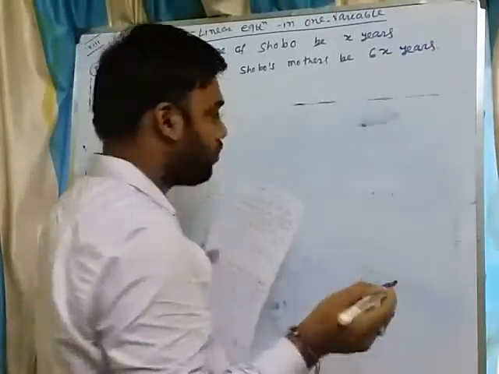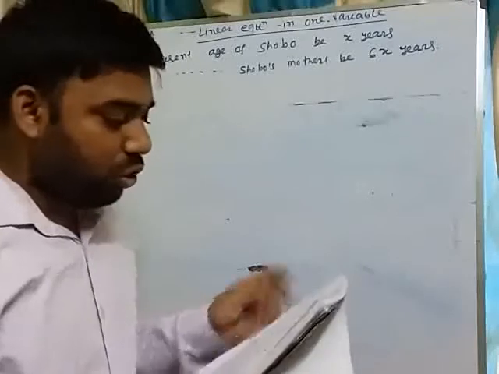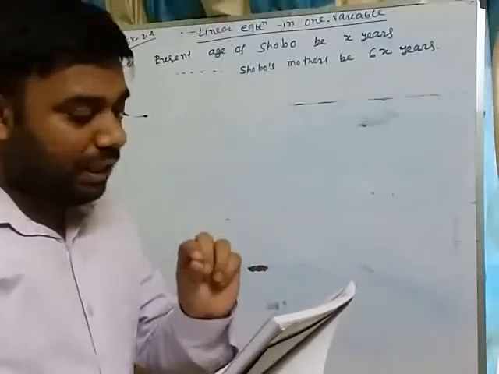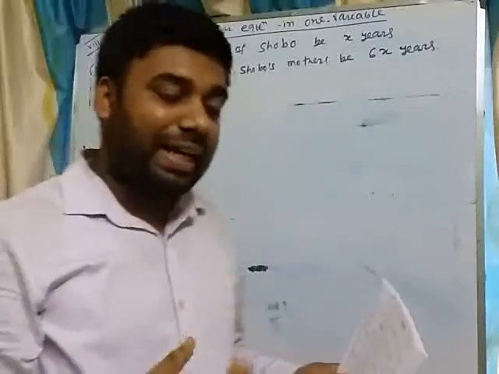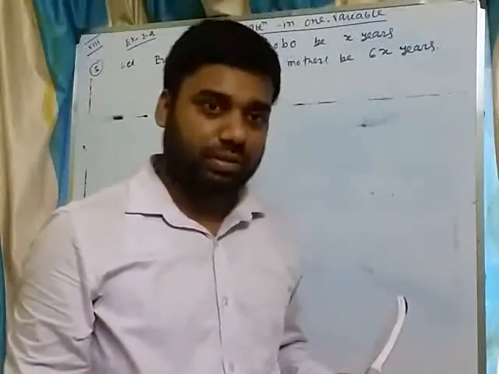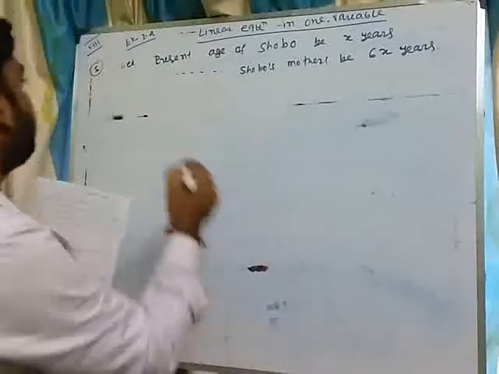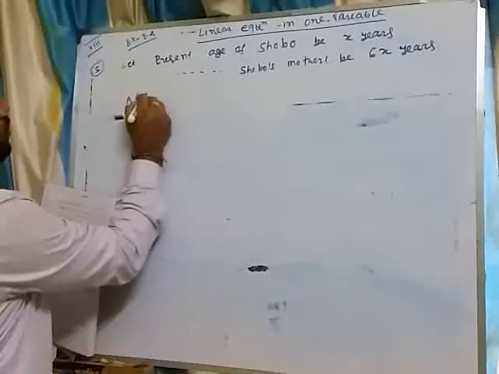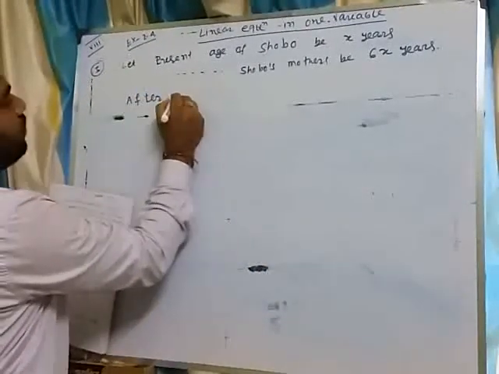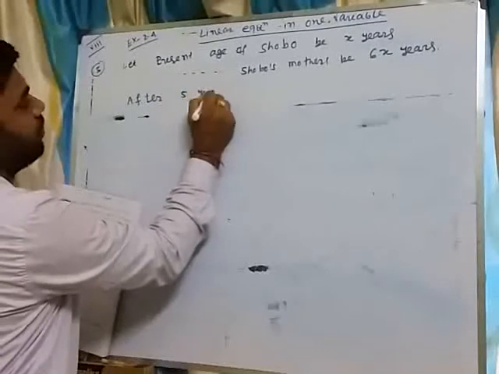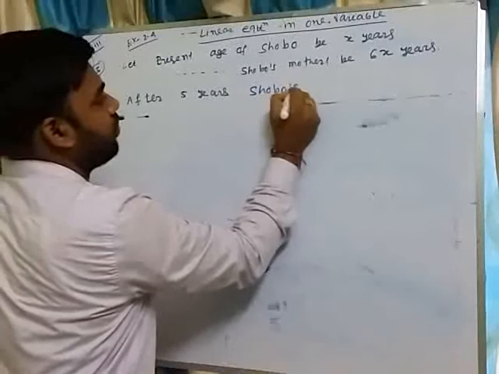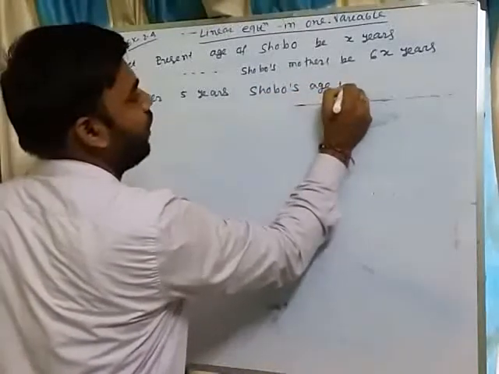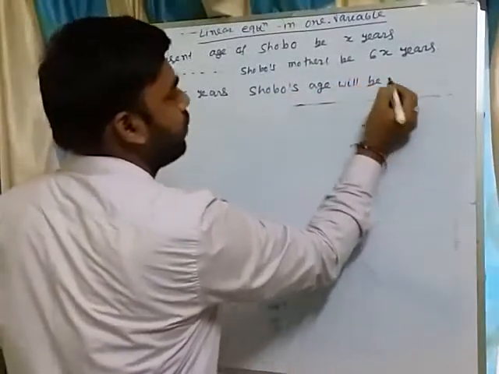Now, Sobo's age 5 years from now means the age in the future, after 5 years.